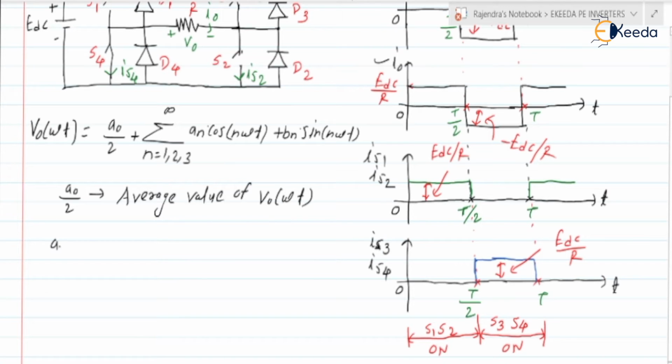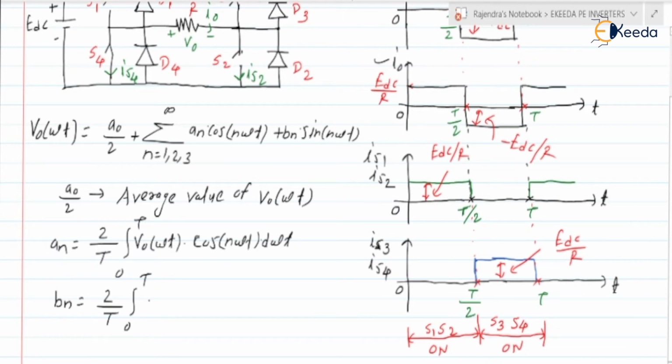Next, an is equal to 2 by T integration from 0 to T of V0 of omega t into cos of n omega t d omega t. What is bn? bn is equal to 2 by T integration from 0 to T of V0 of omega t into sin of n omega t d omega t.